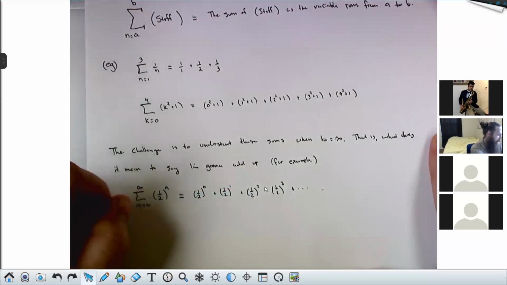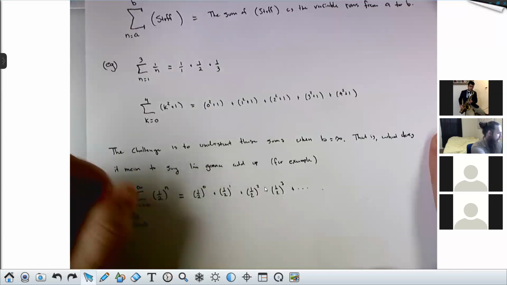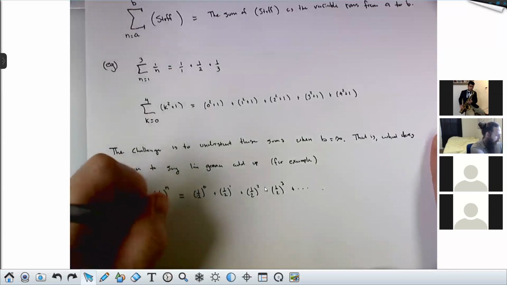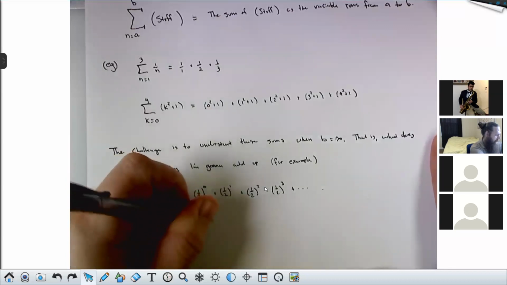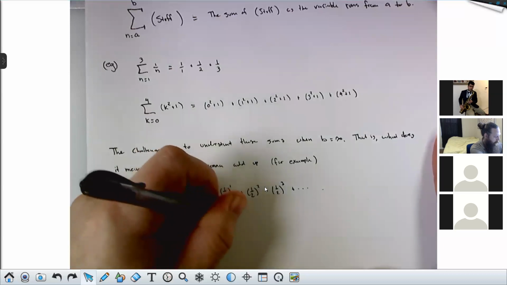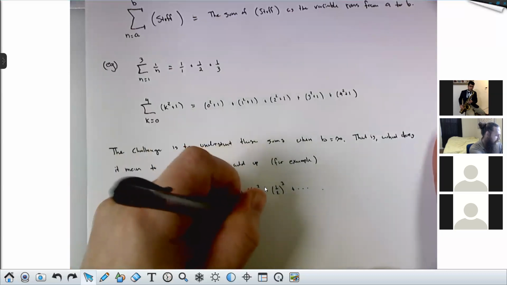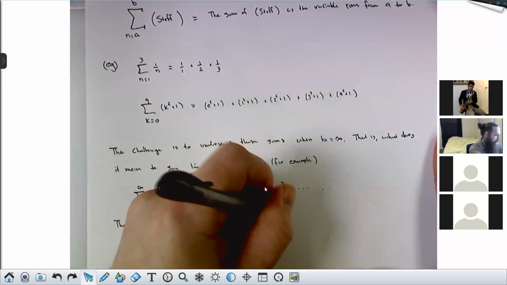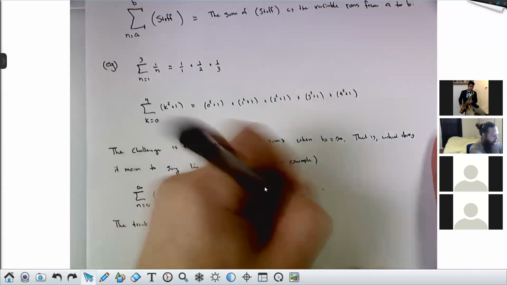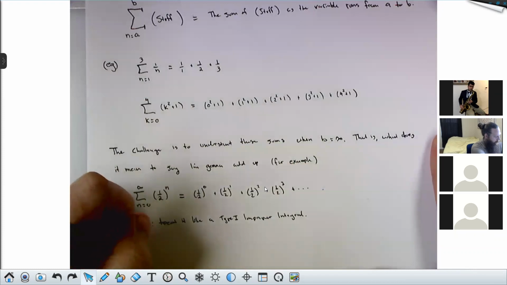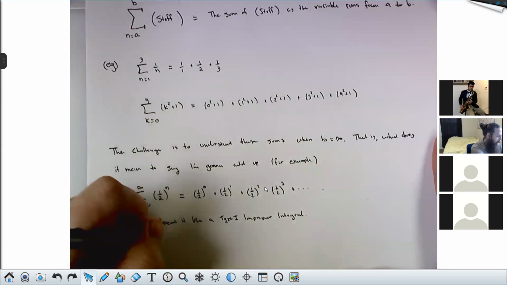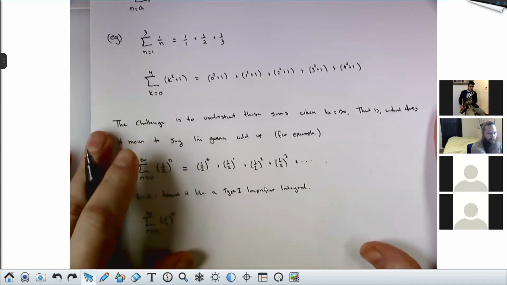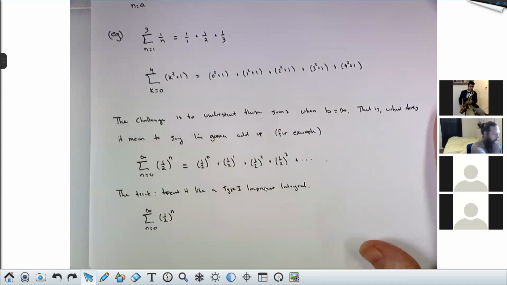The trick: treat it like an improper integral, like a type 1 improper integral. I would say that the sum from n equals 0 to infinity of 1/2 to the n, and here's the first place people get a little confused.